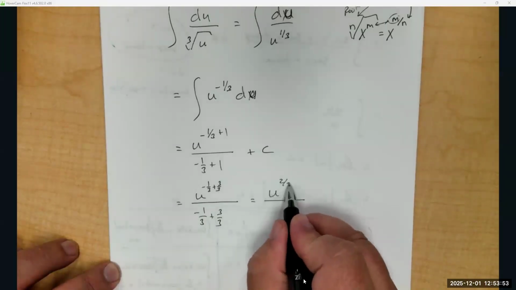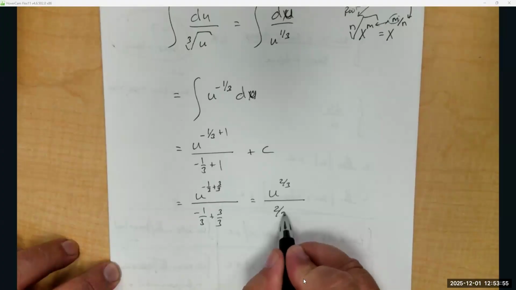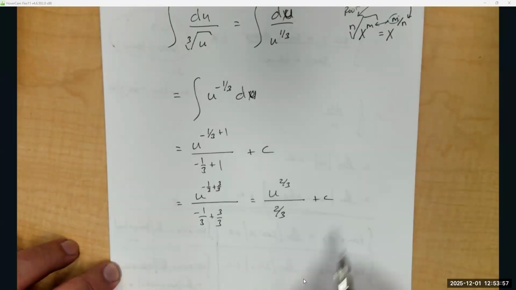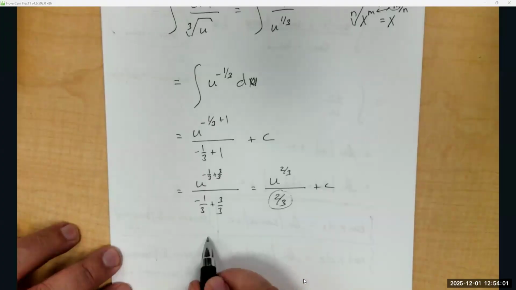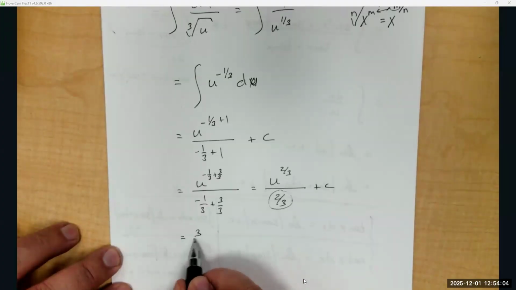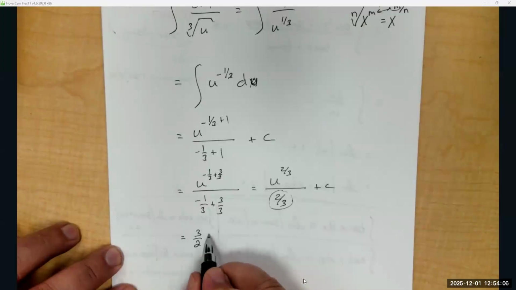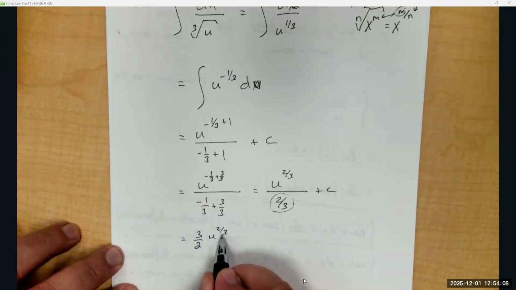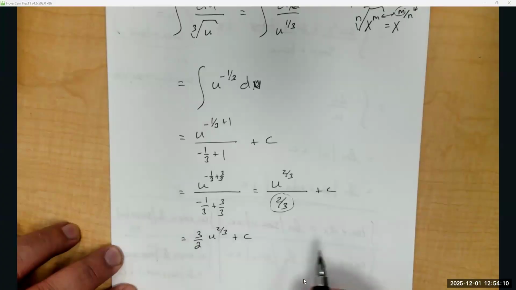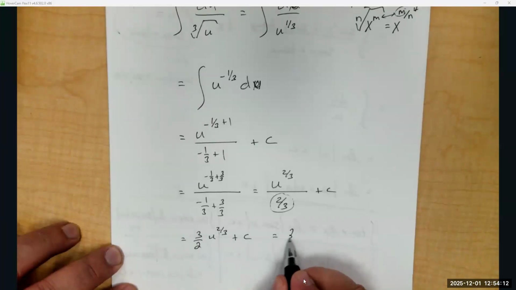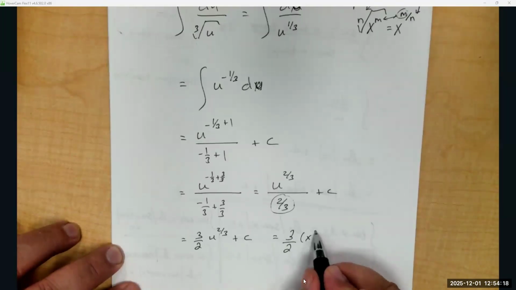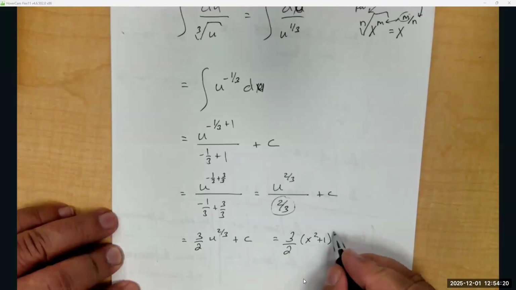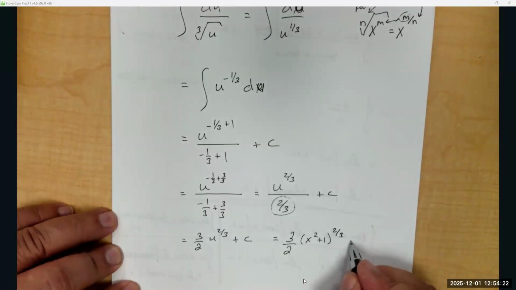So it's 2/3, over 2/3, plus c. The bottom flips. And u again was x squared plus 1, to the power 2/3.